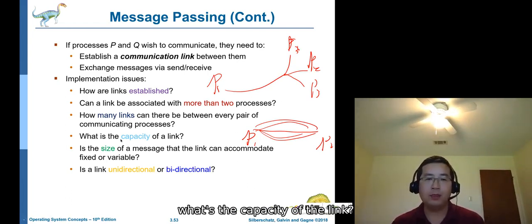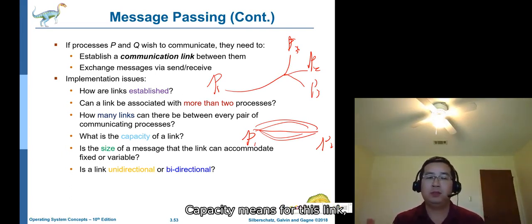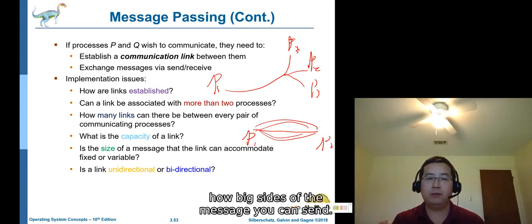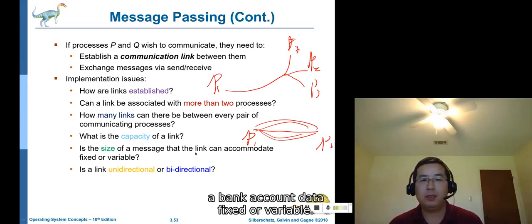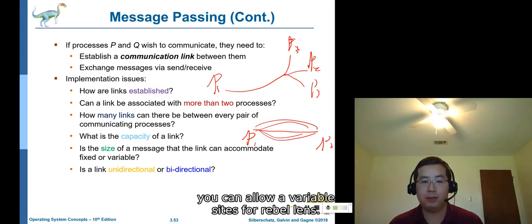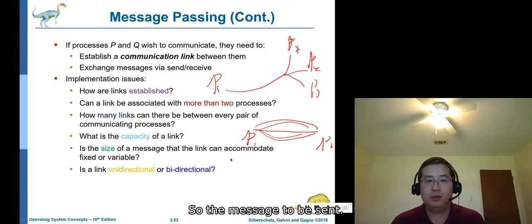The next one is what's the capacity of a link? Capacity means for this link, how big a message you can send. Then the next one is whether the size of the message the link can accommodate is fixed or variable. Whether you allow a fixed size only, or a variable length message to be sent.